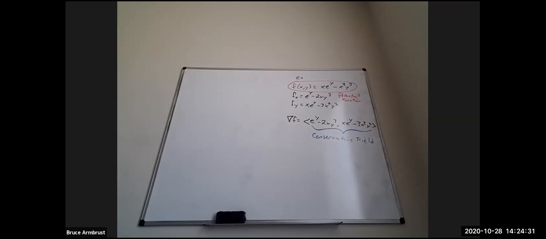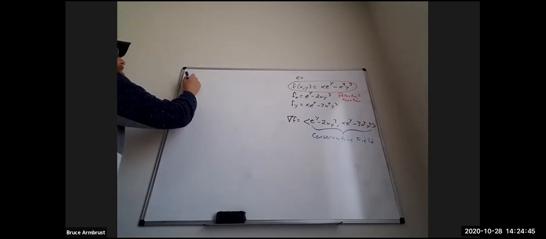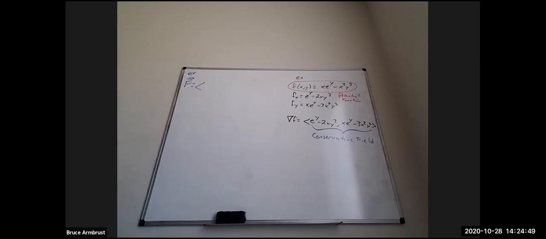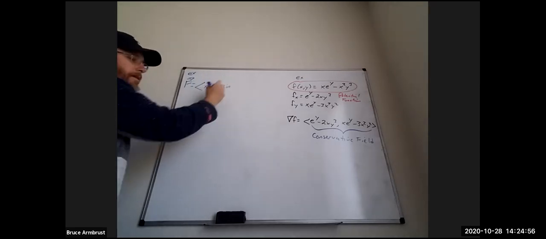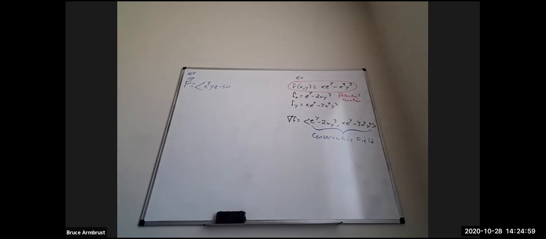All right, so let's do this. Let's actually go to 3 dimensions, and let's make it look like this. So we're going to have a vector field that's given by x squared yz minus the sine of, well, then I don't want sine.